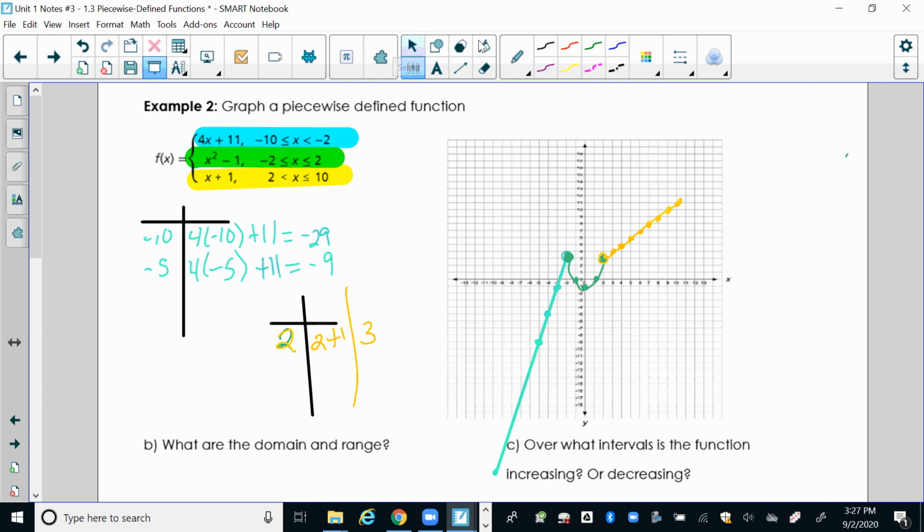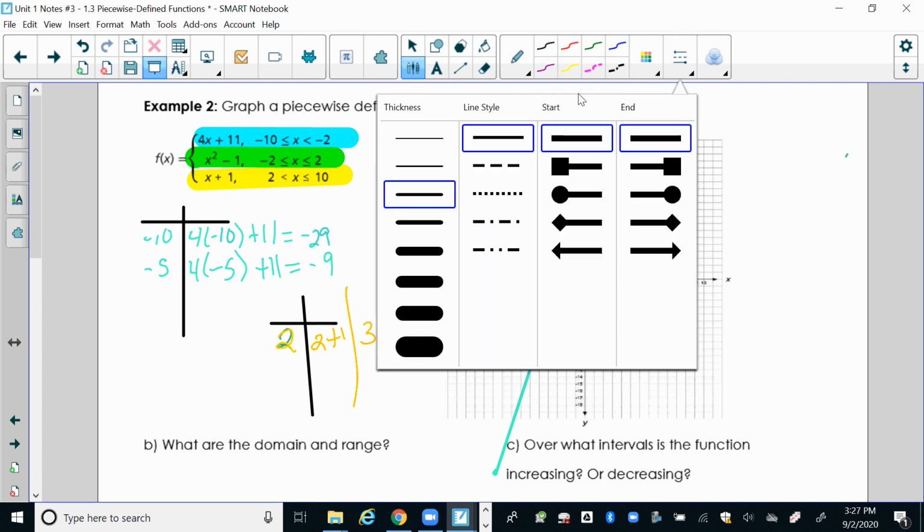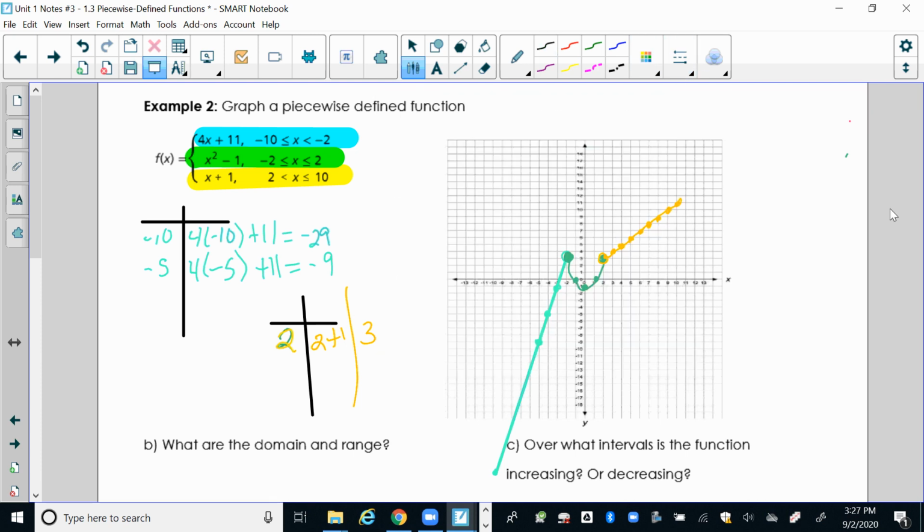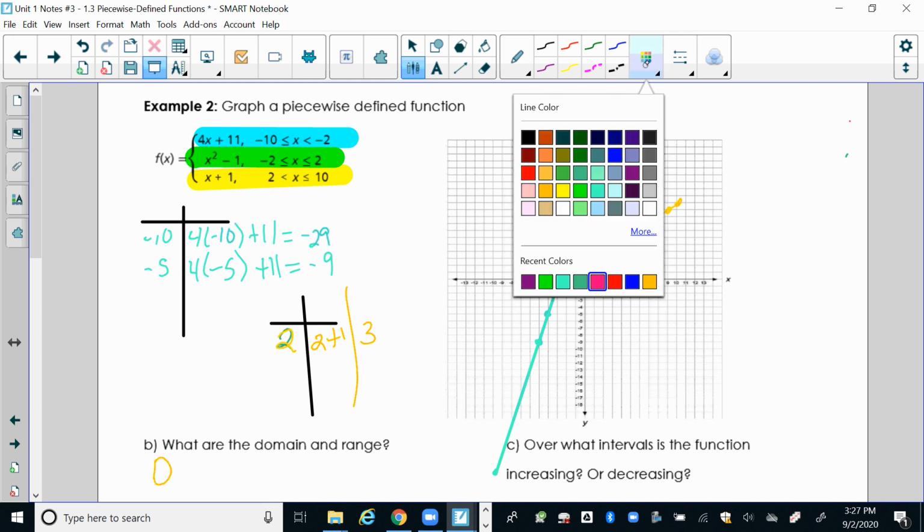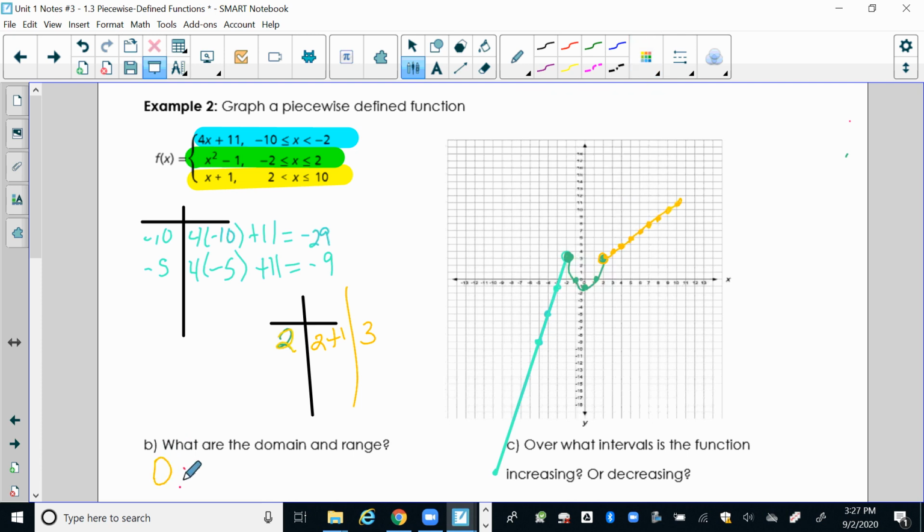So now let's answer our questions. What is the domain and range? So domain, all possible values of x. So if we're looking here, our domain ranges from negative 10 to positive 10, defined on both ends, so brackets.